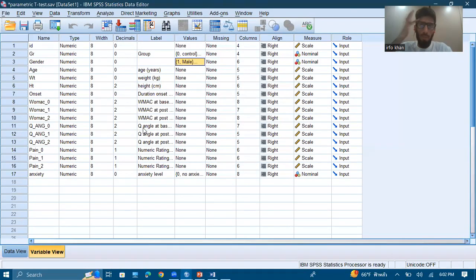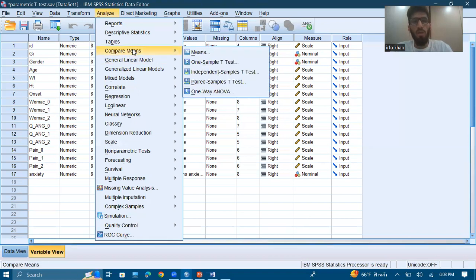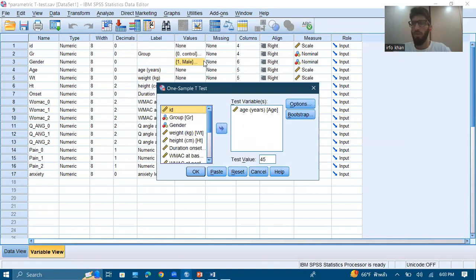Now come again to the SPSS file. We will apply the one sample t-test because all the assumptions have passed. Now we can analyze. Come to Analyze, then Compare Means, and select One-Sample T Test. Now reset.